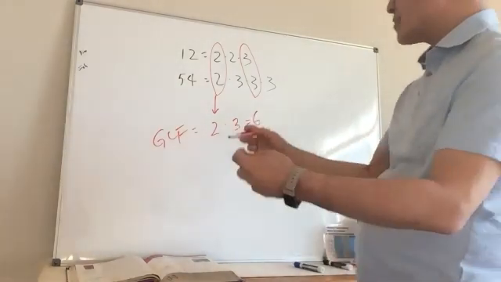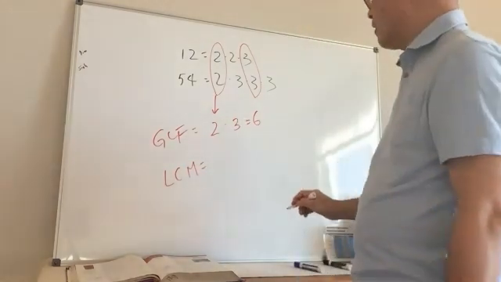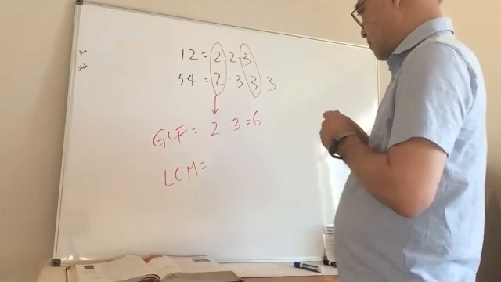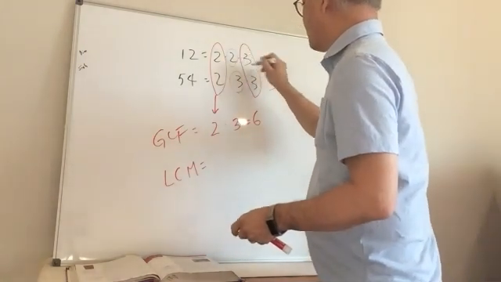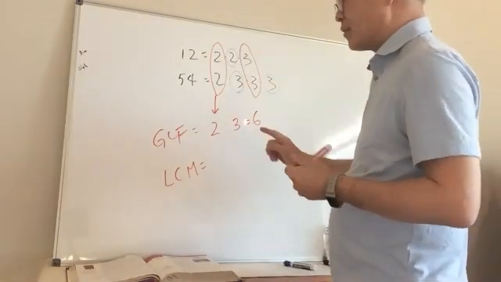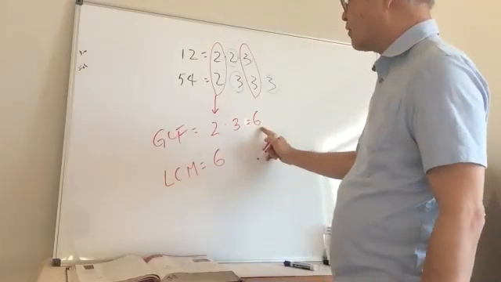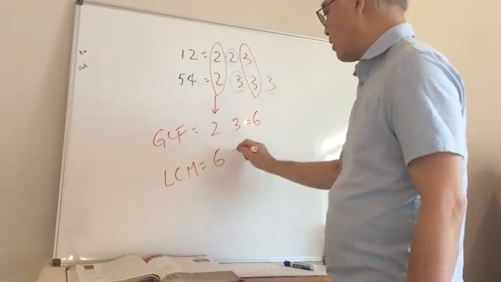All right, now what's the next step we're going to do for the least common multiple, AJ? What am I supposed to do then? So now I'm going to take the leftovers and multiply that to the greatest common factor, right? Yeah. 6, which is the greatest common factor, and multiply that by the 2, 3, and the 3.